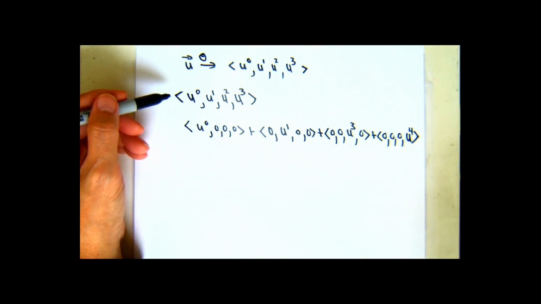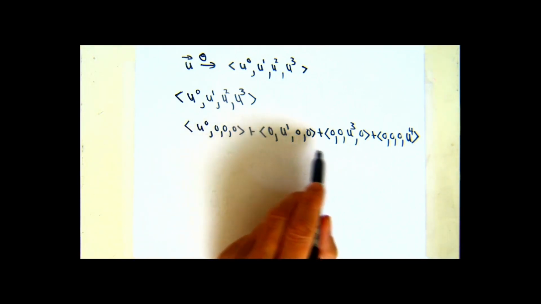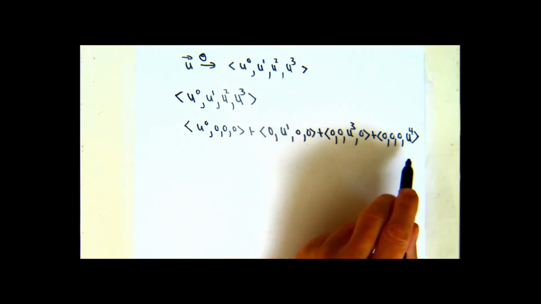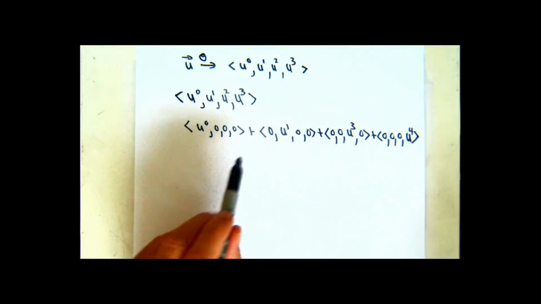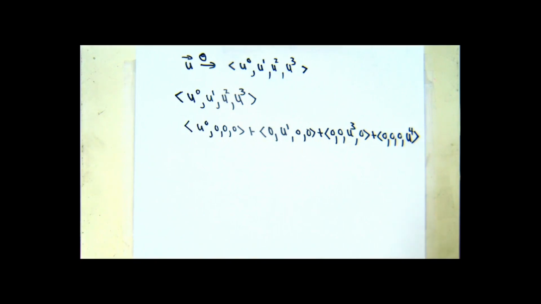The numbers u0, u1, u2, and u3 are a description of that arrow using the unbarred coordinate system. Because of the way we add vectors together, I could write it as this one plus that one plus that one plus the last one. Each one of these things are arrows.